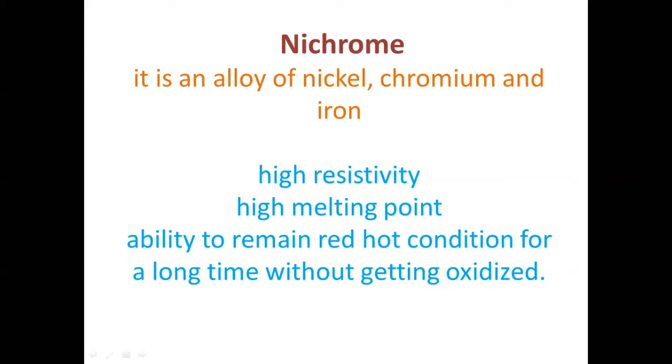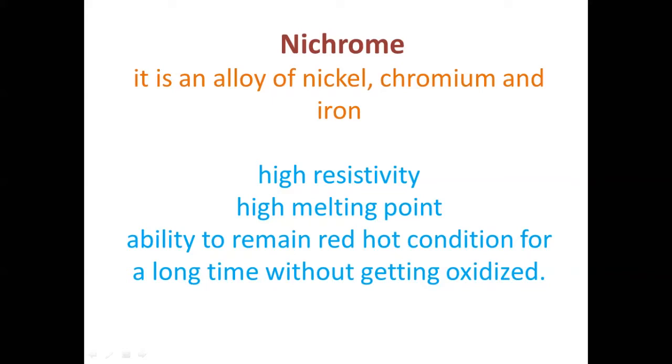There are so many advantages of nichrome wires. Some are high resistivity, high melting point, and the ability to remain red hot for a long time without getting oxidized. These are some of the advantages of nichrome wires used in heating appliances.